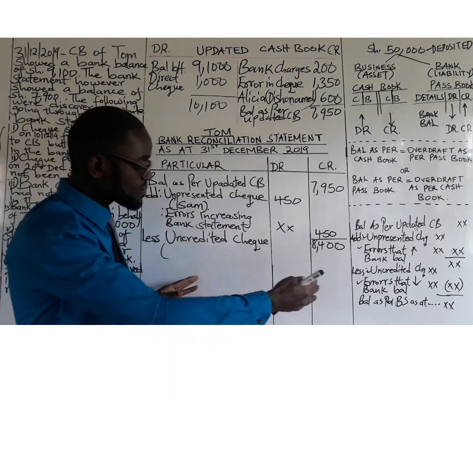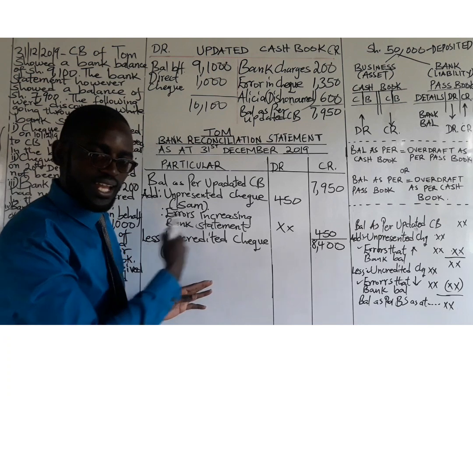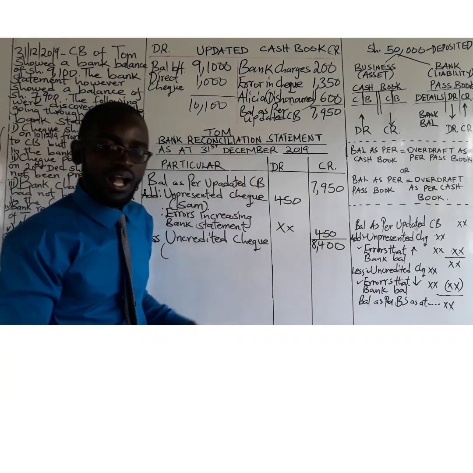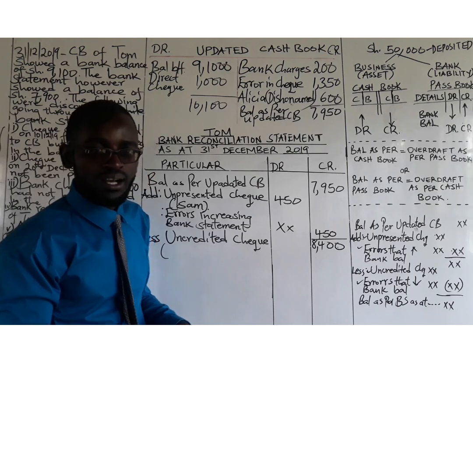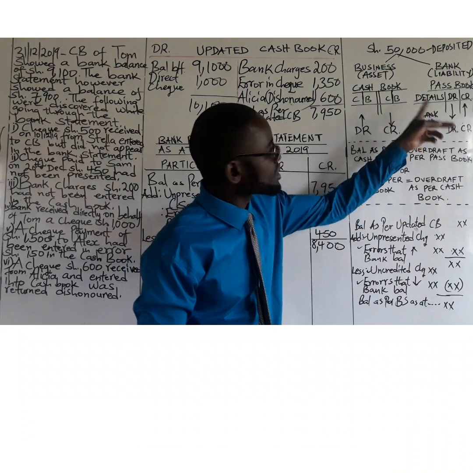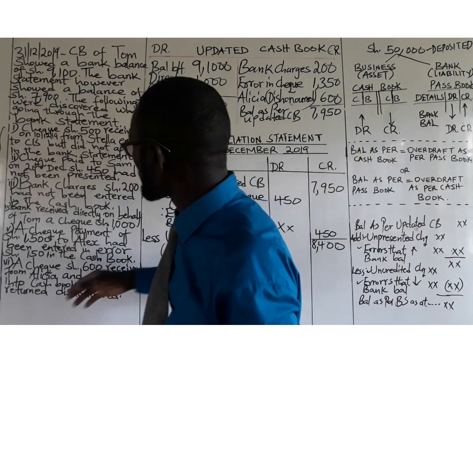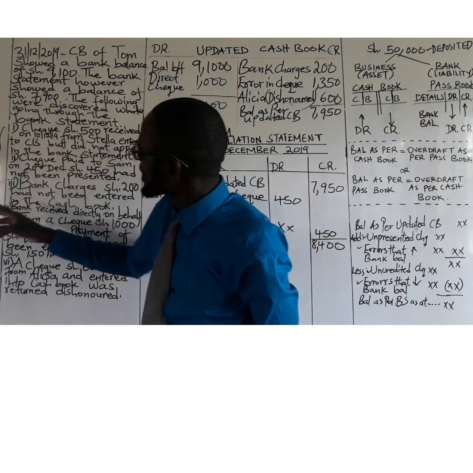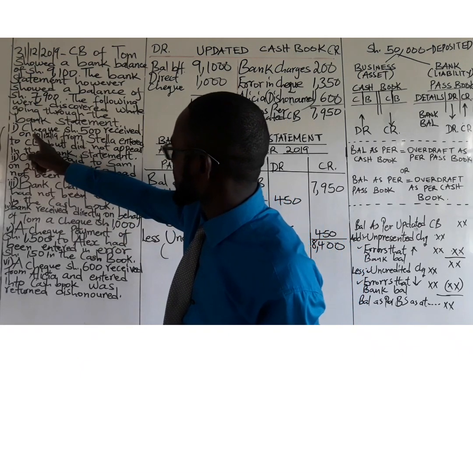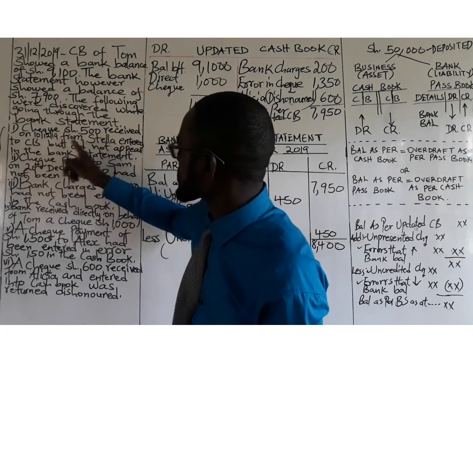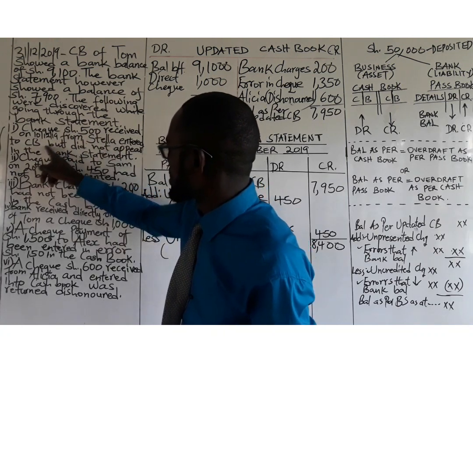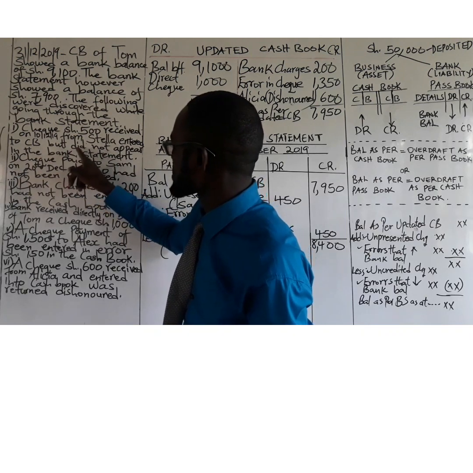We less so that the total in the cash book can come into agreement with the total in the bank statement, because it has not yet featured in the bank statement. For example, the first item is a check of 500 received on the 10th from Stella, entered in the cash book but not appearing in the bank statement.